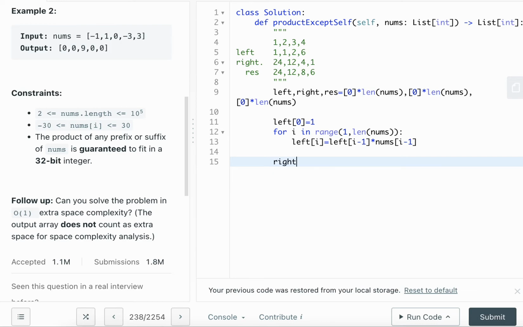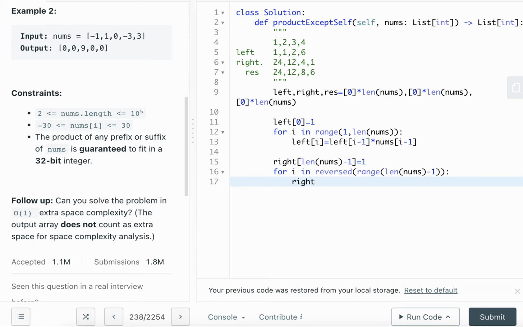And then when we calculate the right side, we also assign the last one as 1. So I want to say right array of length of nums minus 1 is equal to 1 at the beginning. So for i in range, it's reversed because I calculate in reverse. So in the range of length of nums minus 1, I want to start calculating backwards to the front.